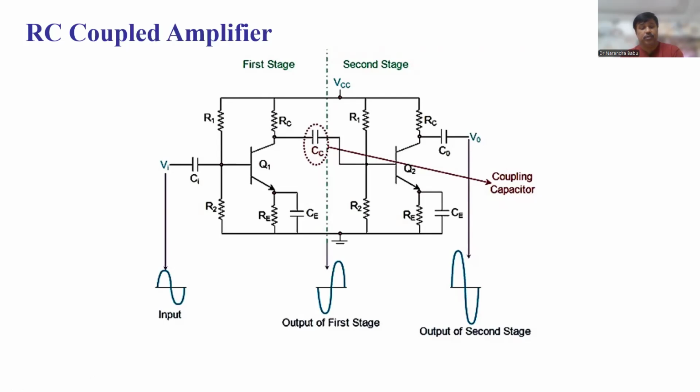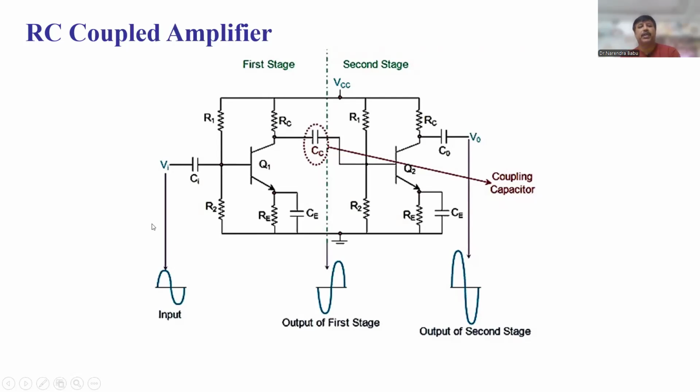Here we have considered a two-stage amplifier. The output phase is the same as the input, because when the input signal is applied, at the output of the first stage there is a 180 degrees phase shift, and after the second stage, a 360 degrees phase difference. Okay, so this is about the RC coupled amplifier.